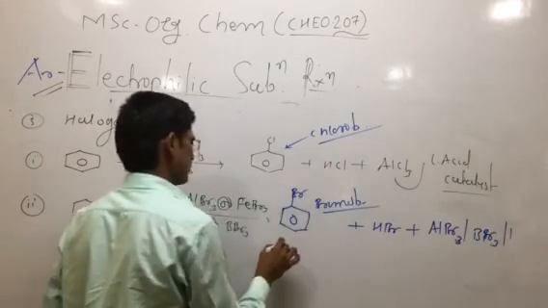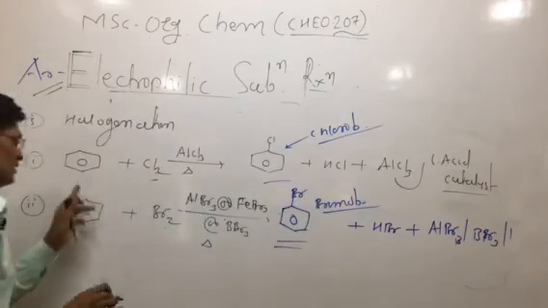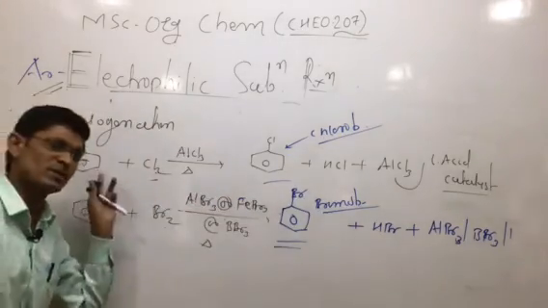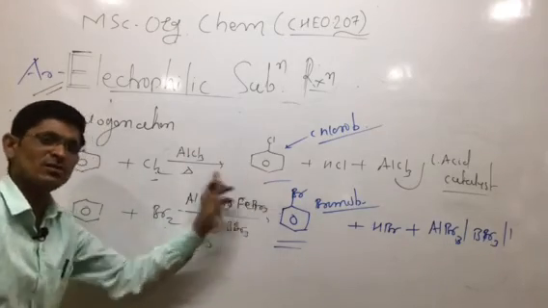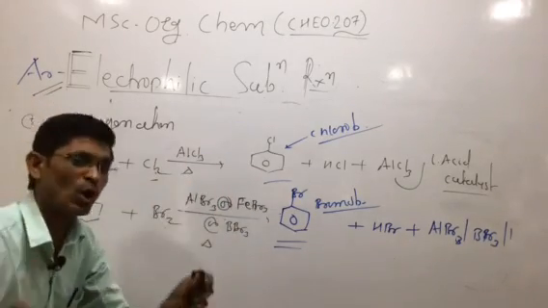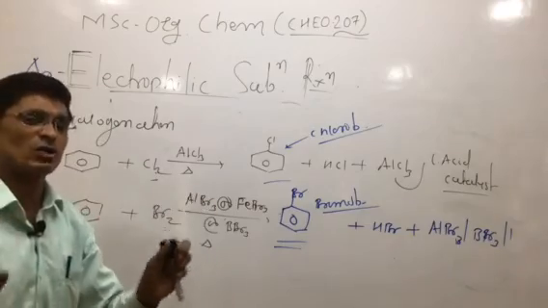So these products are obtained. That's why this is called chlorination of benzene, and this is called bromination of benzene. Overall, we call it halogenation of benzene.